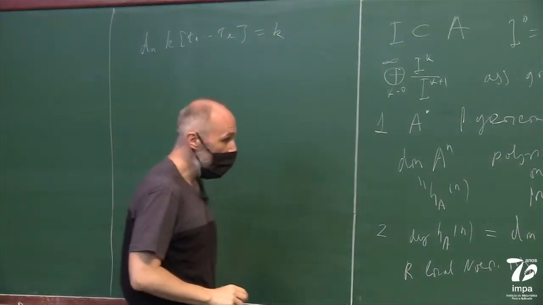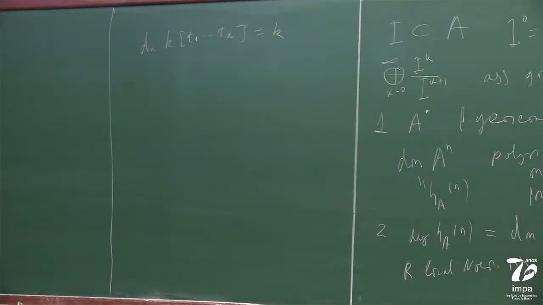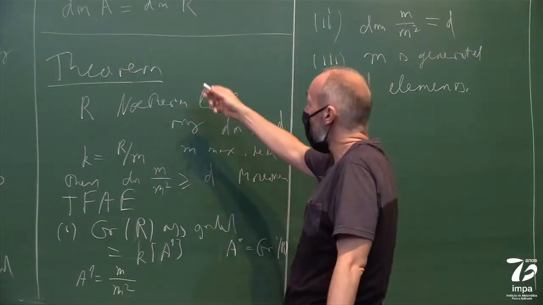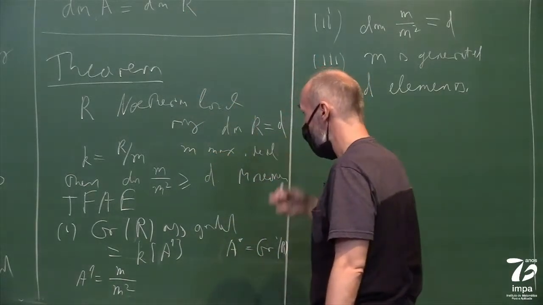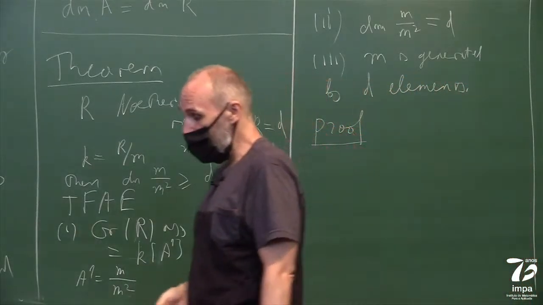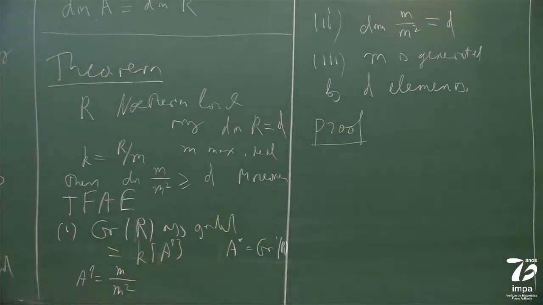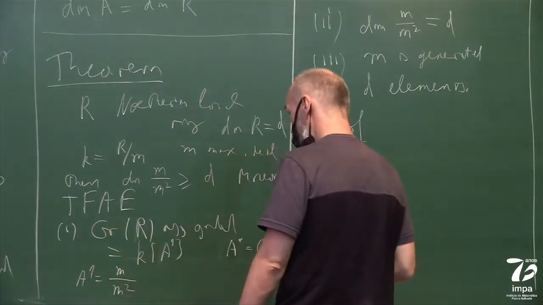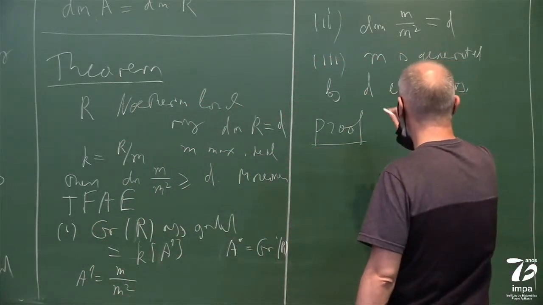And then by this observation, we know that the dimension of this associated graded ring is the same as the dimension of R, which is D. So if it is polynomial, the number of generators is precisely D, no more, no less. So this is how the first implies the second.